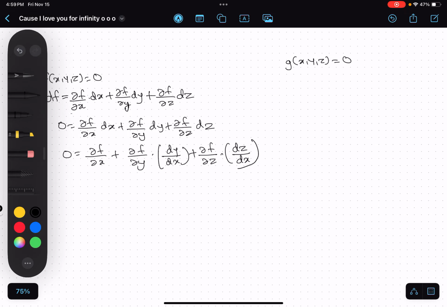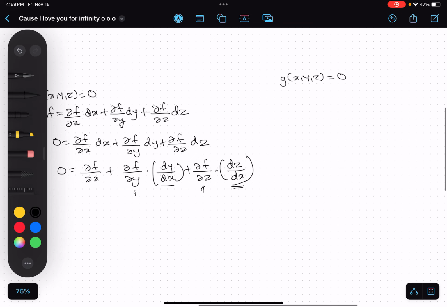You can see this as an equation where these are the variables and these are constants. First of all let me get another equation, then I will tell you how you can see it to find dy by dx and dz by dx.